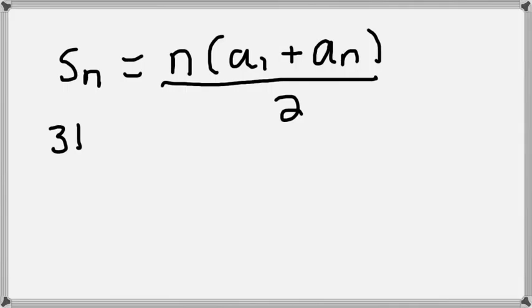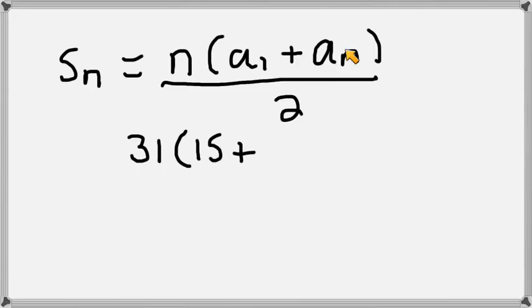Sorry, I'm going to erase that. Then I'm going to put 31 here, and I'm going to do a of 1, which was 15, plus, now I don't know the value of the 31st term, so I'm going to do that over here. I have to use my formula again for finding the value of a term number.